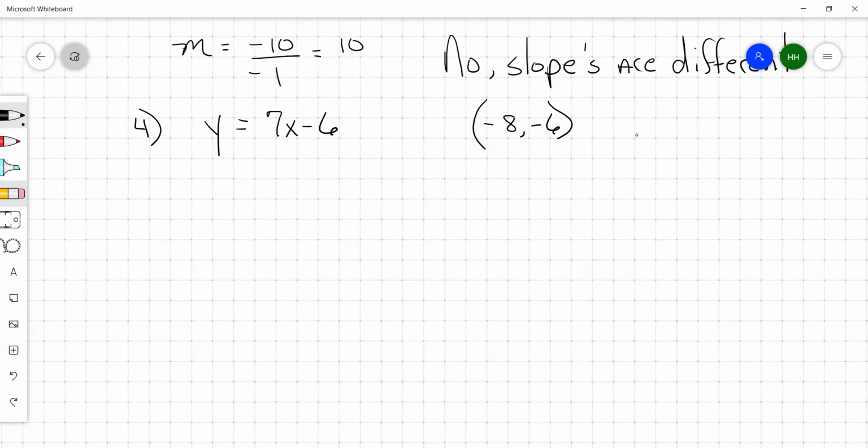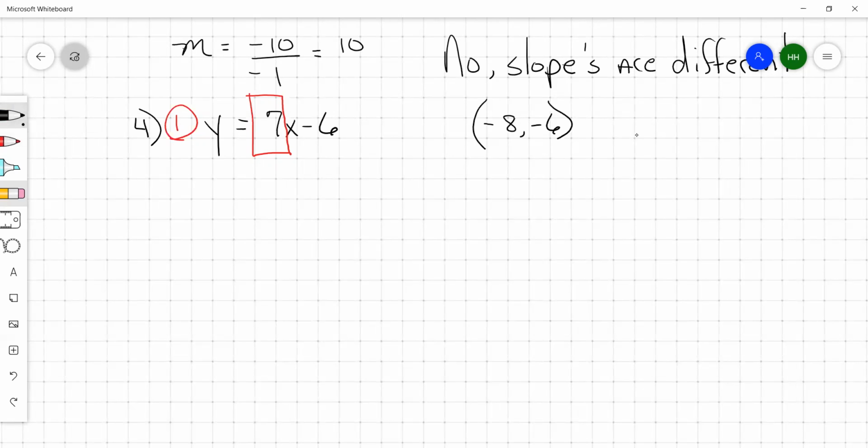And it has to be parallel to it. So look, here's line 1 right here. This is your line 1. Here's its slope. Its slope is 7. You have to write an equation of a line that goes through the point -8, -6.